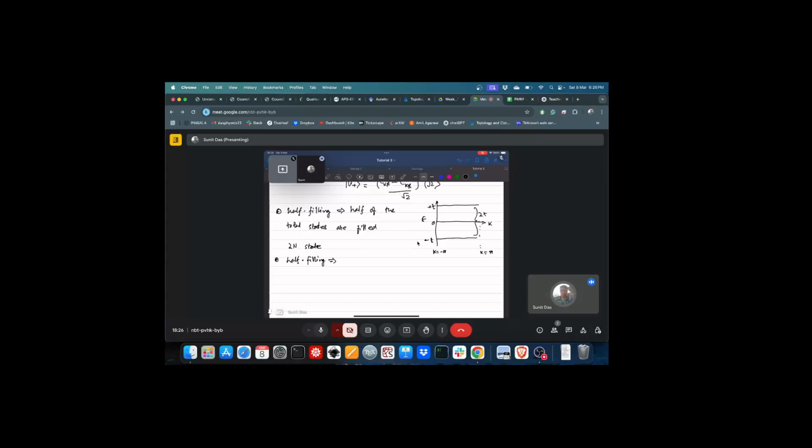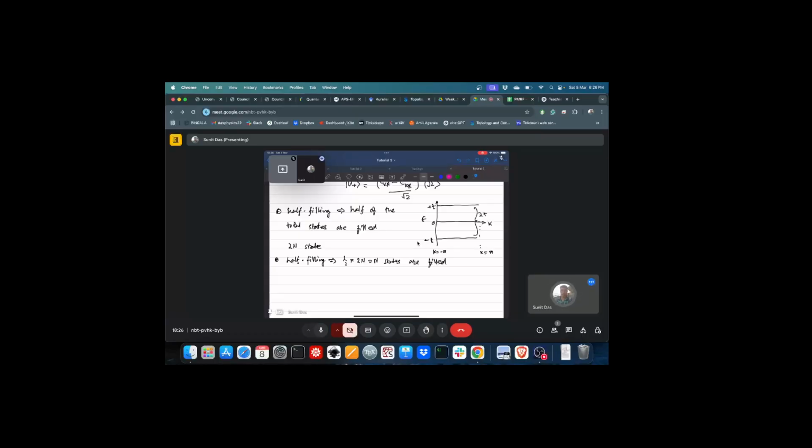Half filling in our case implies that half into 2n equal to n states are filled, right? So n states are filled.